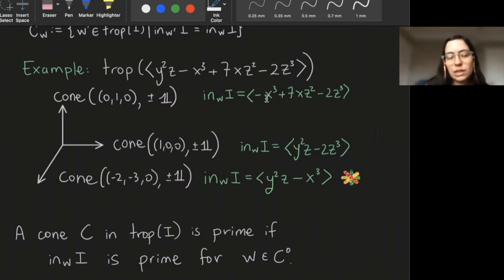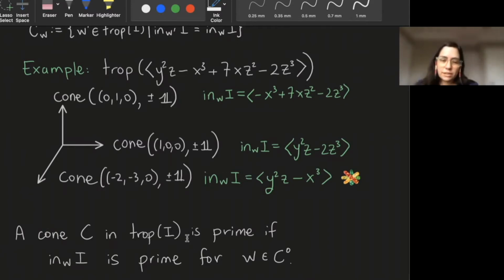And if you're really good at recognizing prime ideals, you'll see this one is also not prime. So this one is special because this ideal is prime. And Sturmfels and Kumers introduced this, noted that whenever they have a prime cone in the tropicalization, they're able to construct these valuations that we're seeking. So let's introduce that as a definition.